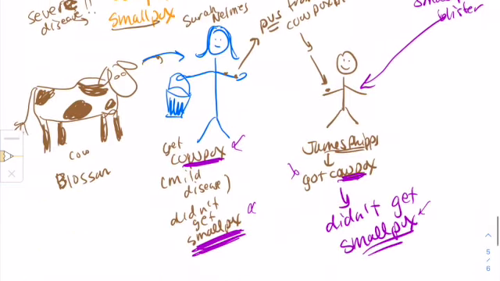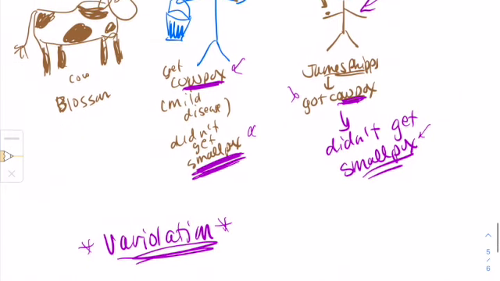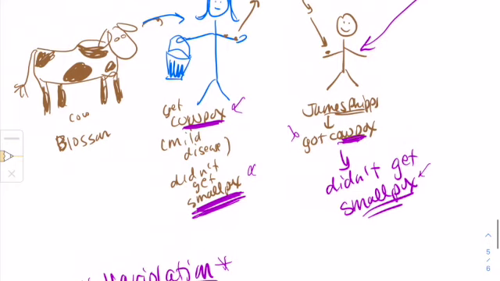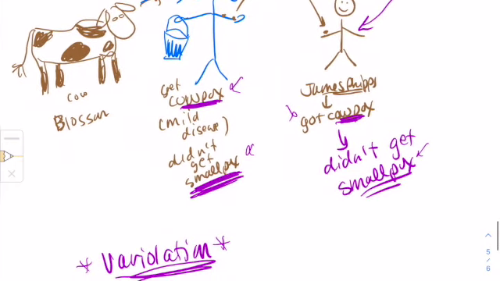There we go. To give them something that's so extremely mild it doesn't make you sick, but lets you recognize the real thing when it comes later on. But variolation was the early form of this.